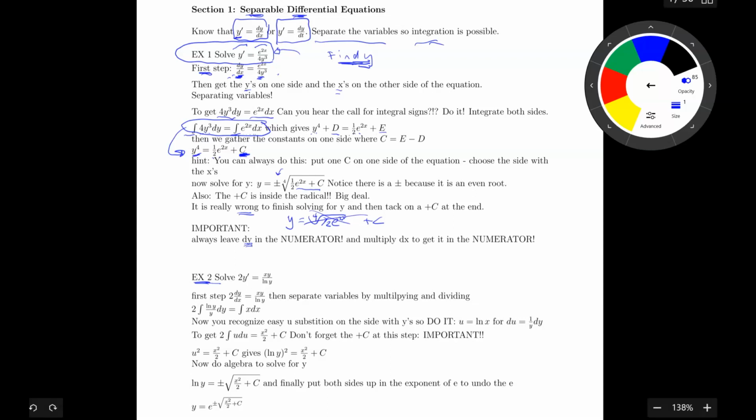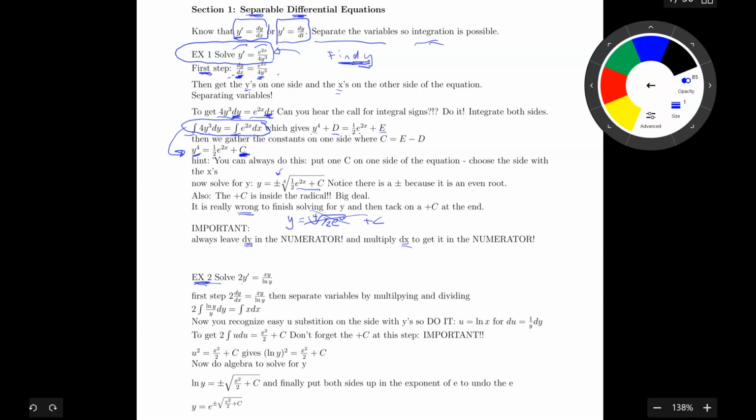You always want to make sure you leave dy and dx in the numerator. When you start off rewriting y prime as dy over dx, always cross multiply so you get the dy's and the dx's in the numerator, because you can't take the integral of dy or dx in the denominator.